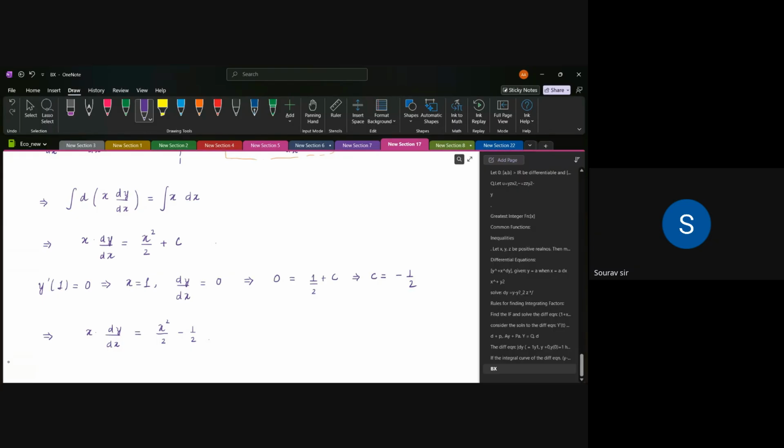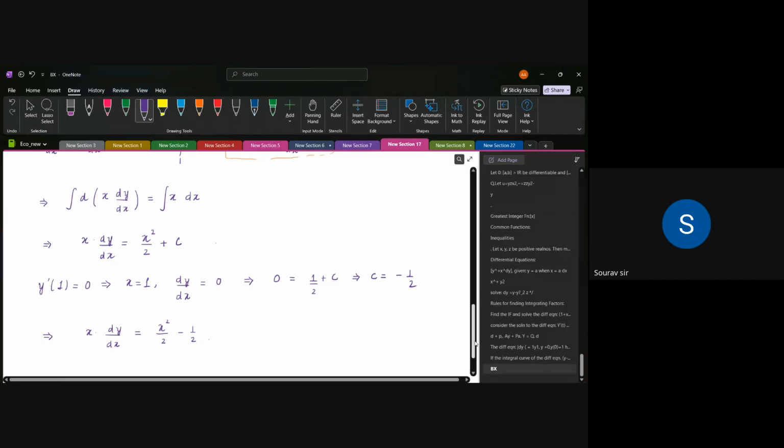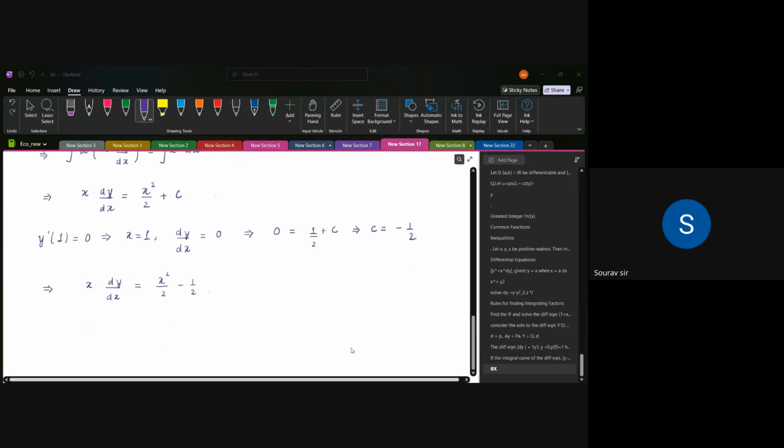So what can we do after this? What can be the next step? Sir, instead of integrating both sides, dividing the equation by x, we have to rearrange.